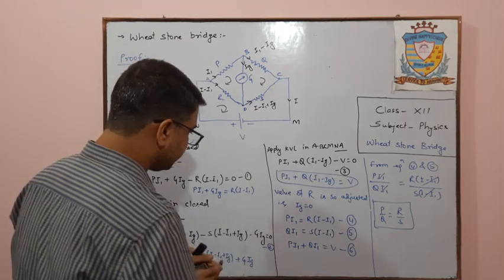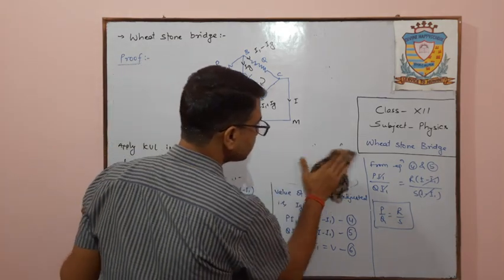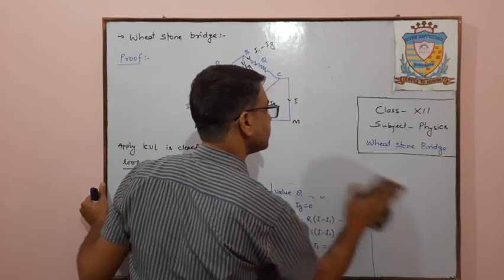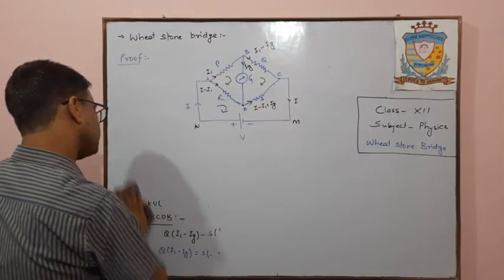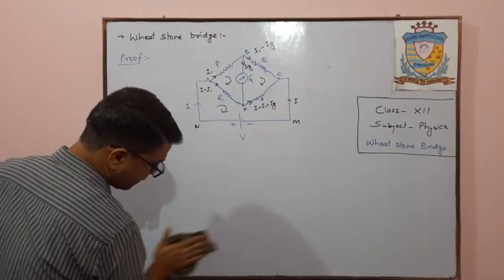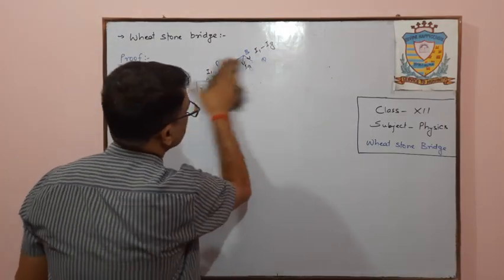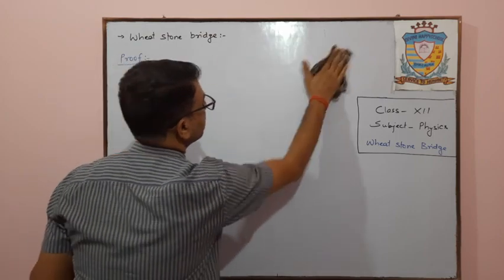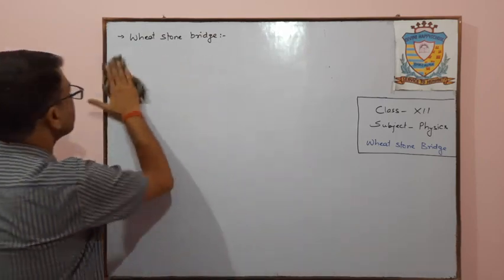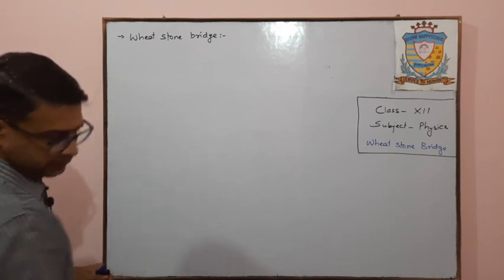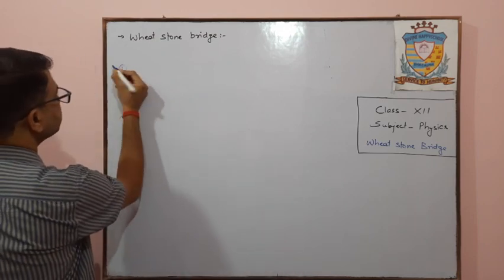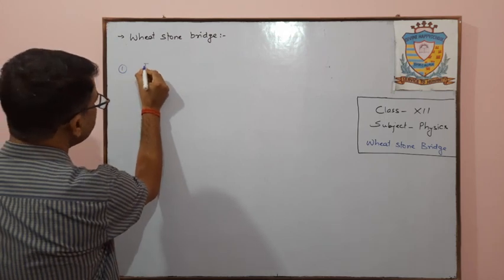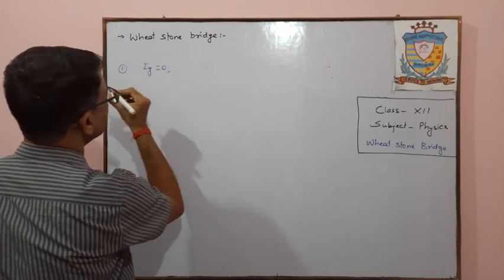They are: first point, Ig is equals to 0.